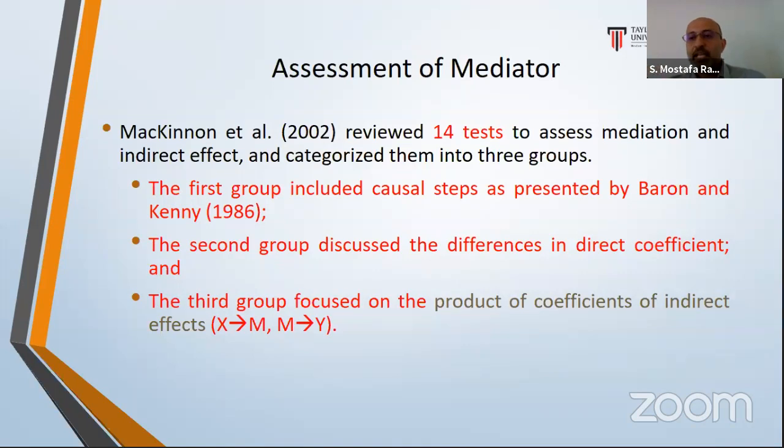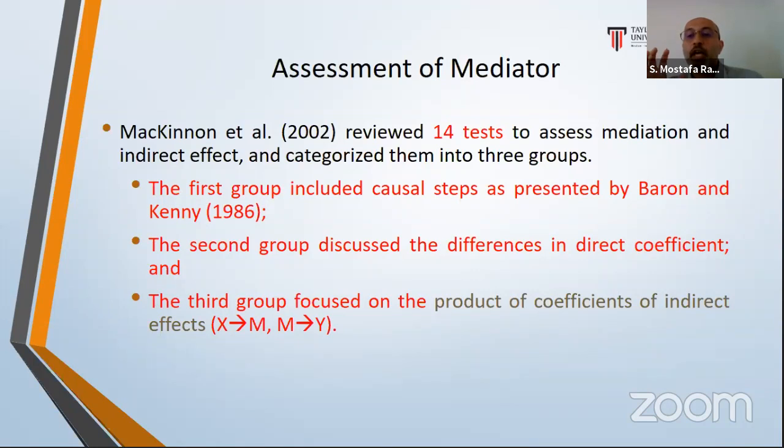If it's significant, then we include mediator. The effect of IV on DV, and IV on mediator should be significant. Now I'm talking about statistical testing, right? The effect of M on DV should be significant. Based on this, we can conclude M is mediator between IV and DV.